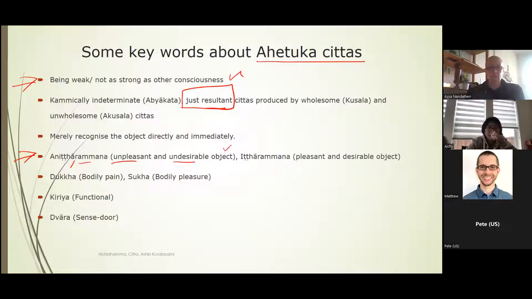Aramana means object. So Anittha Ramana is an unpleasant and undesirable object, and the next one is Ittha Ramana. Ittha means pleasant and desirable object.